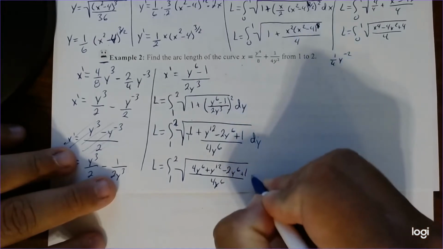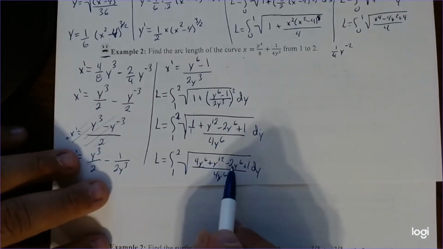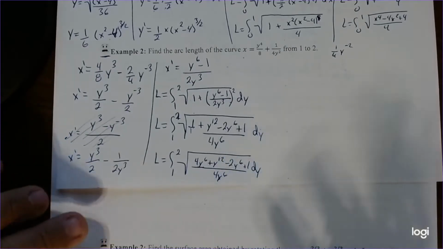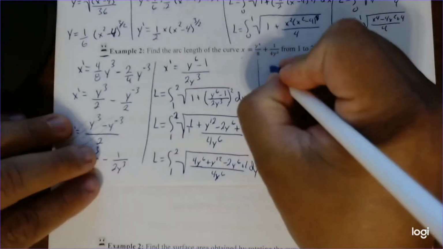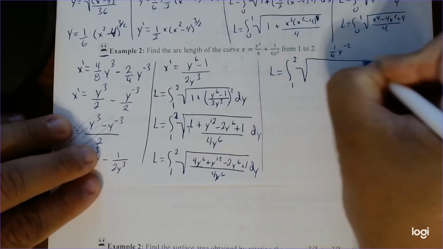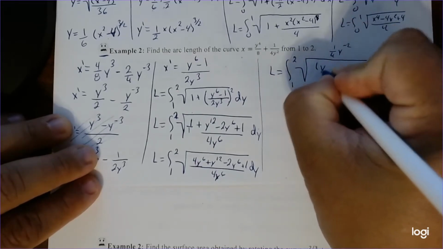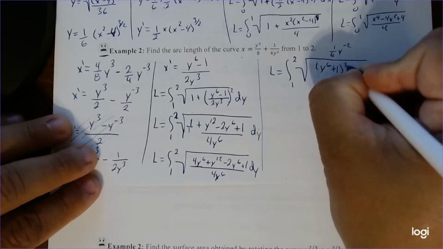Keep forgetting my dy. Okay, so that gives you 4 plus 2, which gives you positive 2y to the 6. And again, believe it or not, this actually factors kind of nicely. I'll leave it up to you guys to factor it. Once you factor it, you get (y to the 6 plus 1), believe it or not, squared.